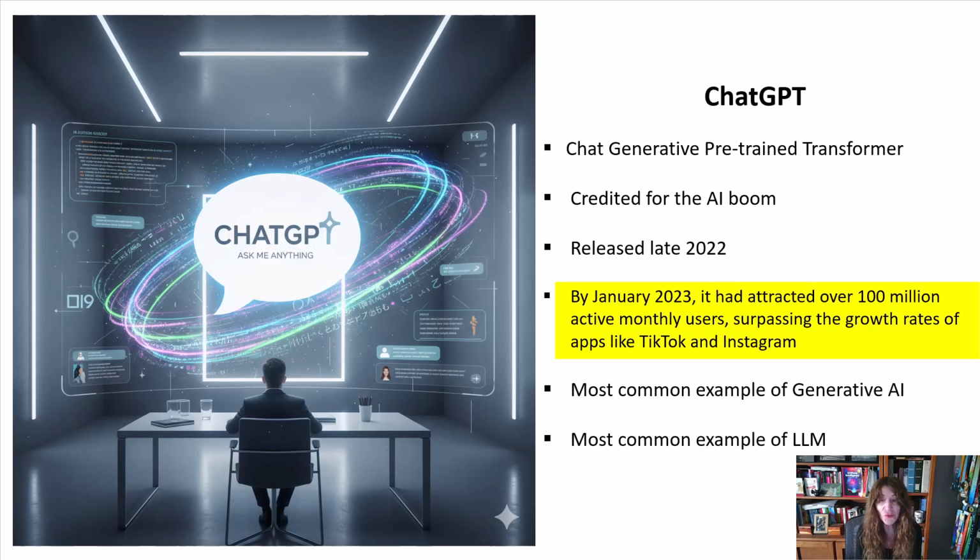By January of 23, a few months later, it had attracted over 100 million active monthly users, which surpassed the growth rates of apps like TikTok and Instagram. It is the most common example of generative AI and the most common example of an LLM. Most people are very familiar with ChatGPT. So now you have a better understanding of what it is in perspective of this concept of AI.